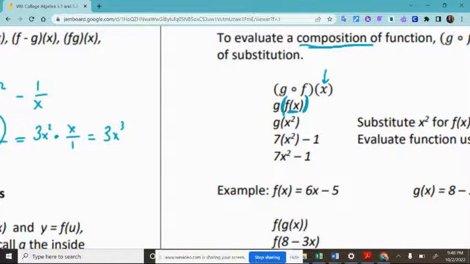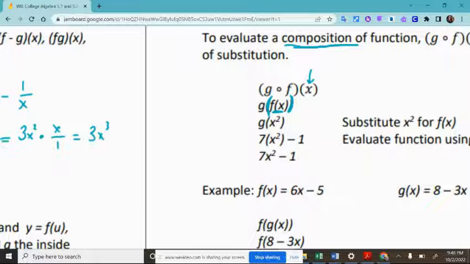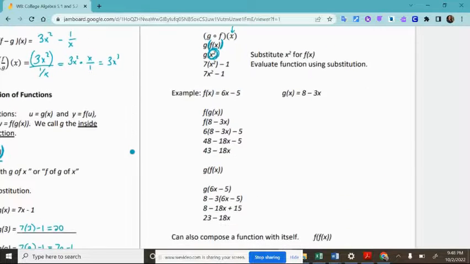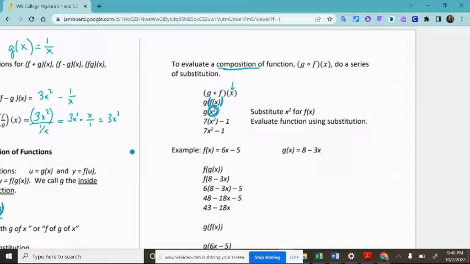Okay. So f of x was just x squared, right? So we take out the x and we put an x squared into g. Well, g said take that x squared and multiply it by 7, subtract 1. So that is g following f.